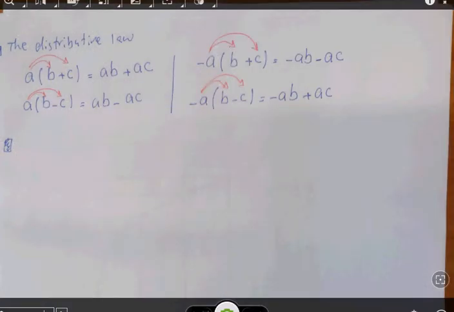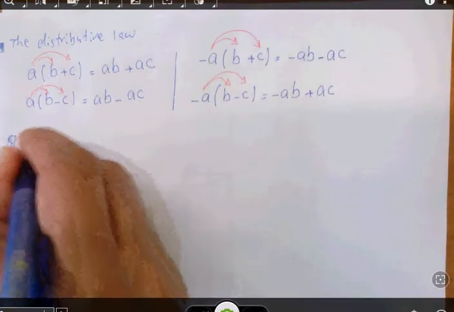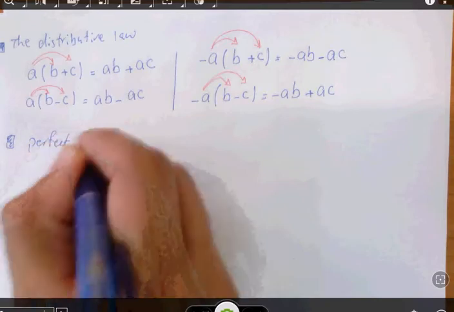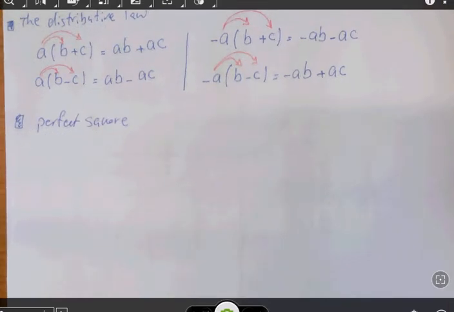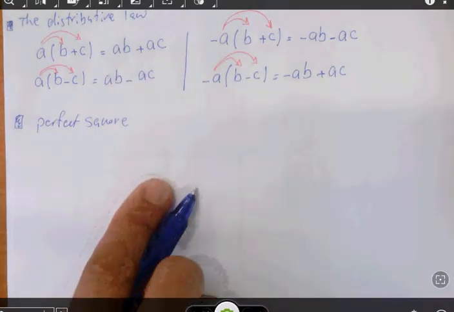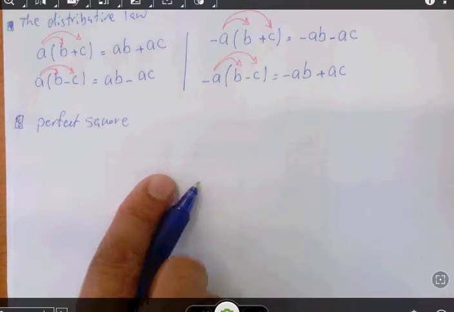So we have a perfect square situation. In case you're wondering where the term perfect square comes from, it comes from a diagram. I haven't taught you how to do it with a diagram model, but if the time allows, I will show it to you this lesson. Otherwise, we'll leave it for the next one.